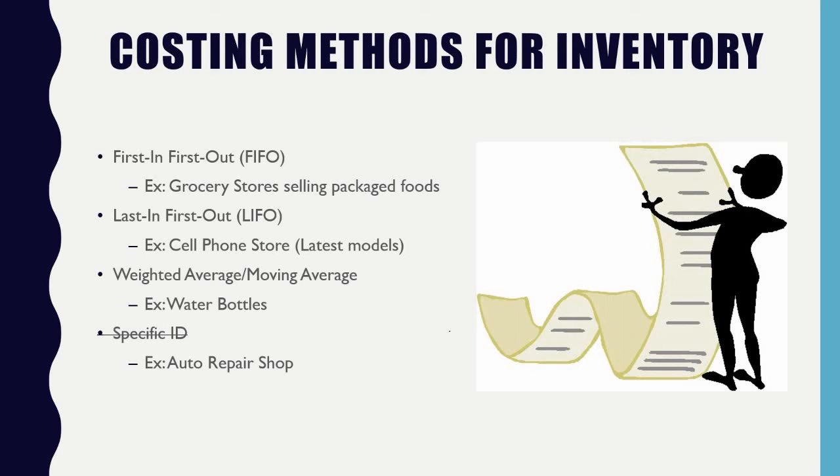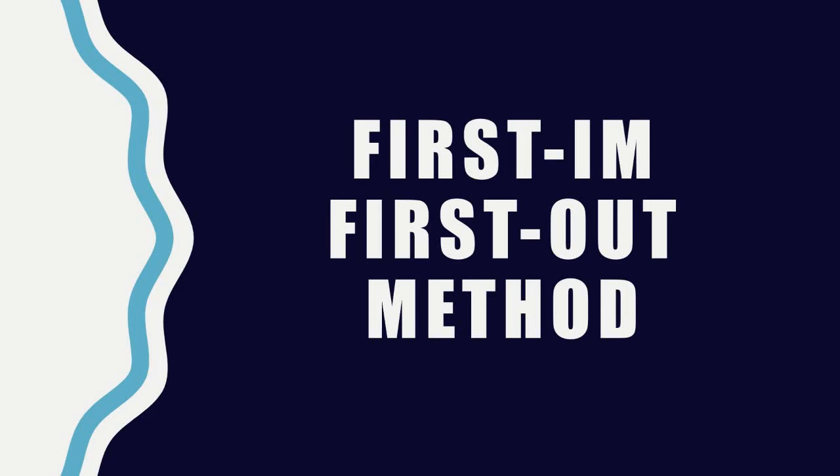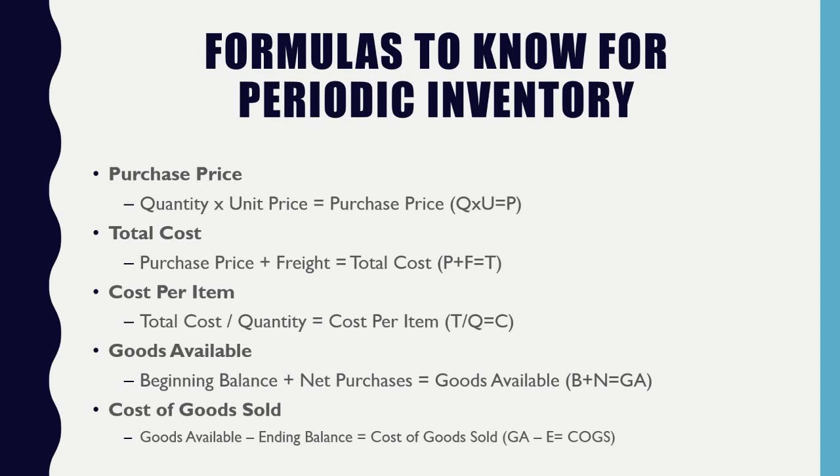So for today, I only want to focus on first in, first out. I explained first in, first out. These are the formulas that you will be looking into. Understanding how you get a purchase price, right?